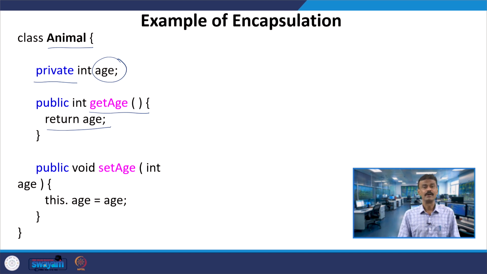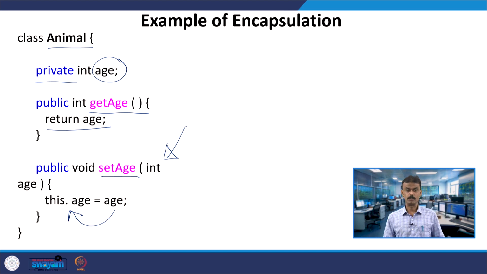Then you have a setter function, set age, where you pass int age as the argument, and age is assigned to this dot age. This is your get method and set method.